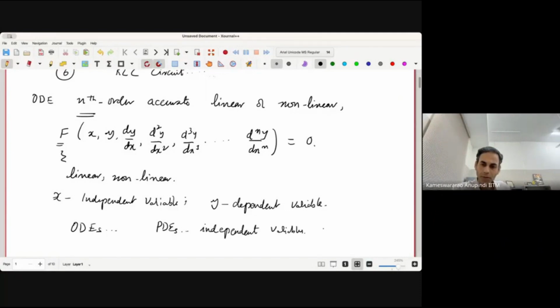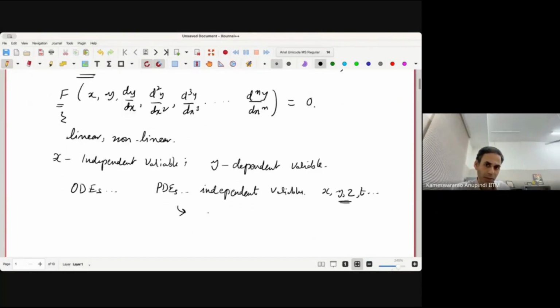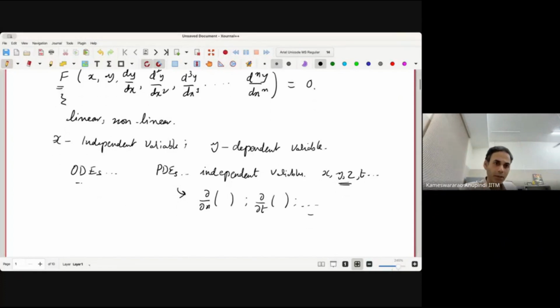You may have independent variables such as x, y, z, t, etc. As a result, we express the derivatives as partial by partial x of something, partial by partial t of something, and so on. Whereas in an ordinary differential equation, you only have one independent variable, which we call either x, or sometimes t.